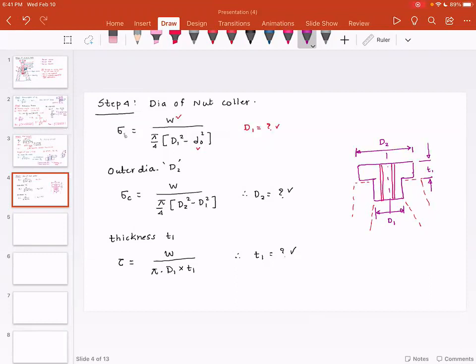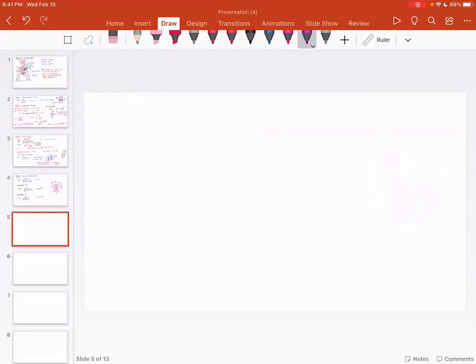So we have designed the screw, we have designed the nut. Now what we want to do is find out the other auxiliary dimensions, for example, the diameter of the head. This diameter of the head, say D3, is anywhere between 1.5 to 3 times D0.